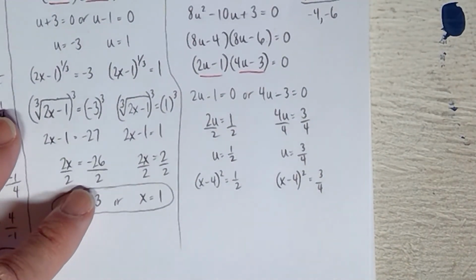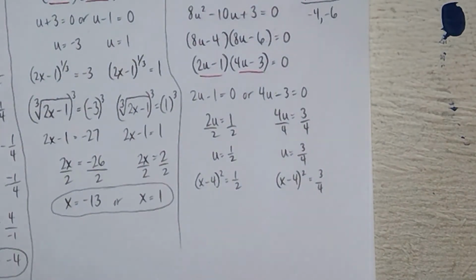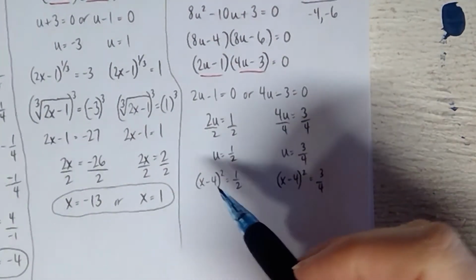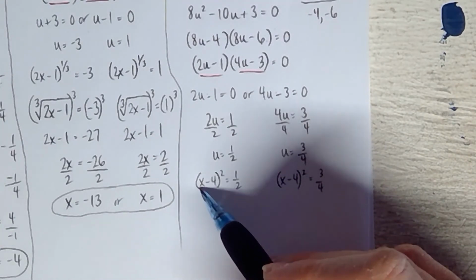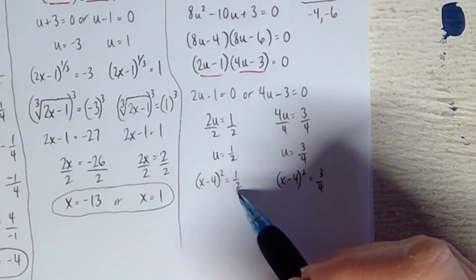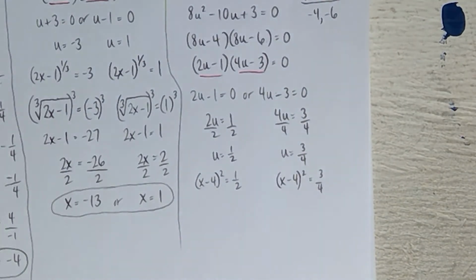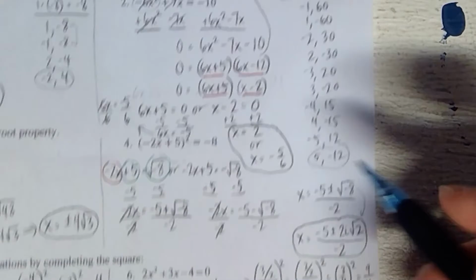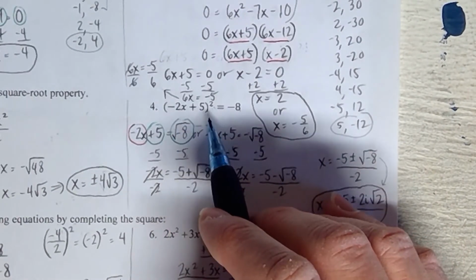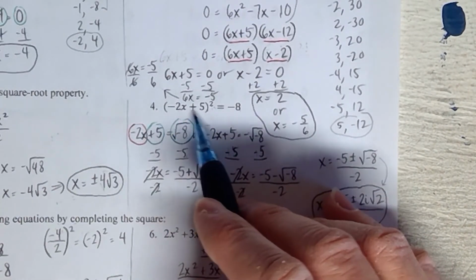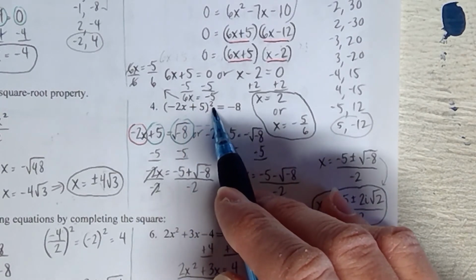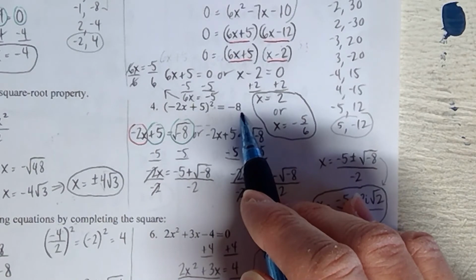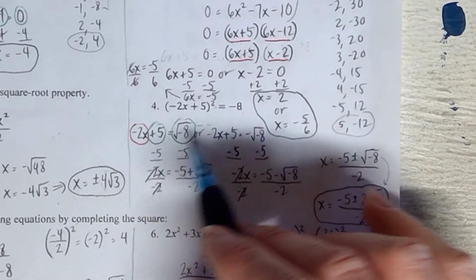Now, what happens, you guys, and I know it looks kind of funny because of the fraction there, but what happens when you have a bracket squared by itself, with the variable inside, and then you have no variable on the other side? We learned back in the 1.4 video, let me review that real quick, when you have that situation, bracket with the variable on the inside, exponent 2, no variable on the other side, you do the square root property.